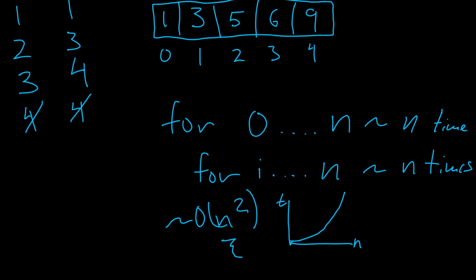You could think, if you actually walk through this step by step, maybe you could come up with a more precise number of steps. But for the sake of comparison, we just want to throw out all those small differences and look at the broad shape of how this scales, and that's n squared. So we call that big O of n squared.